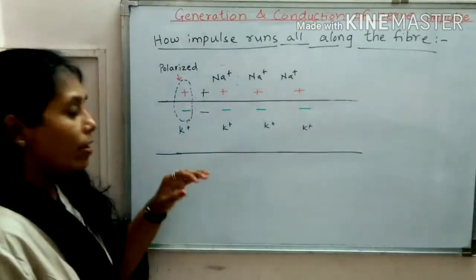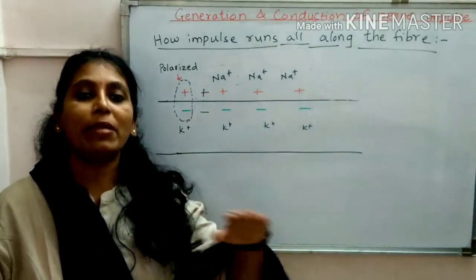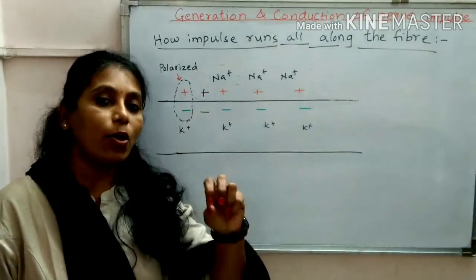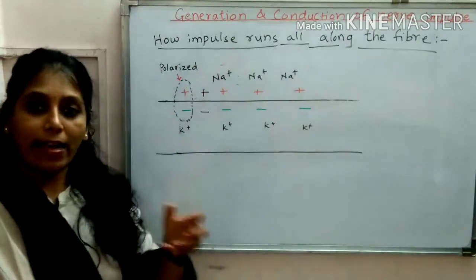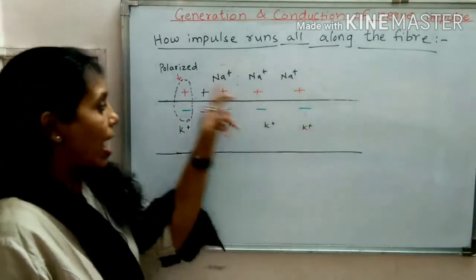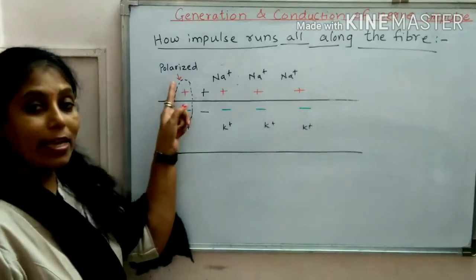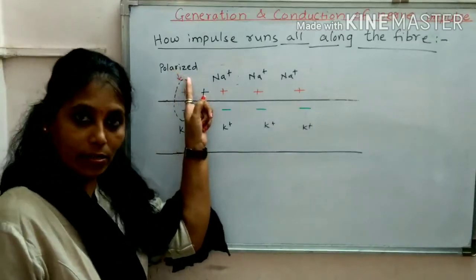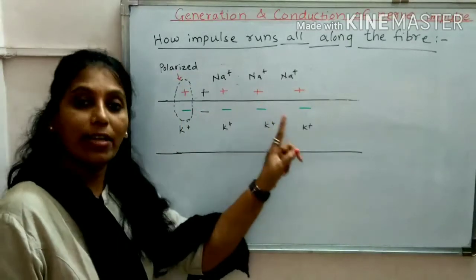We know that when the neuron is not carrying any message, the stage is called the polarized state or the resting stage. At that time, the inner membrane is negatively charged and the outer membrane is positively charged, and the neuron is said to be polarized. Positive charge outside and negative charge inside.